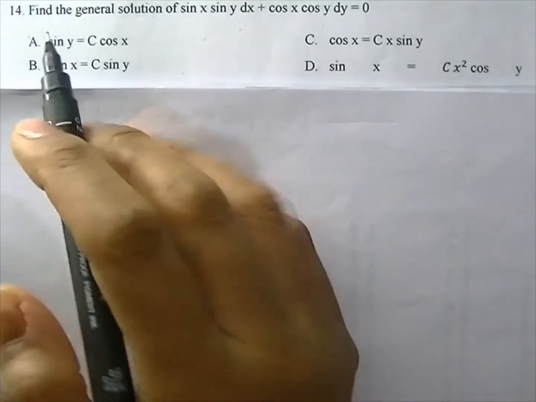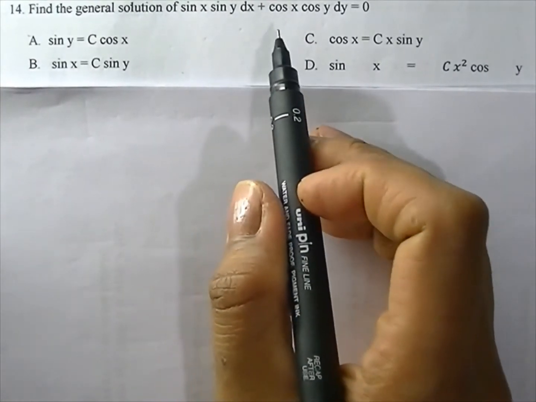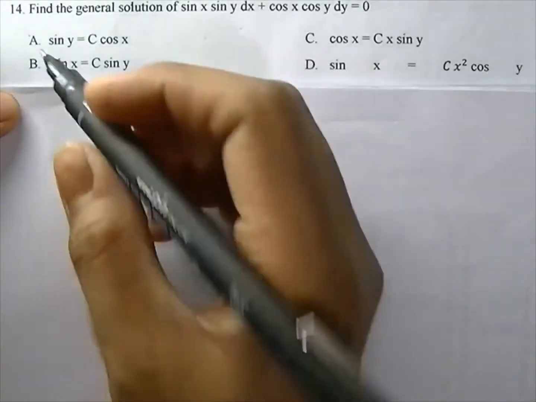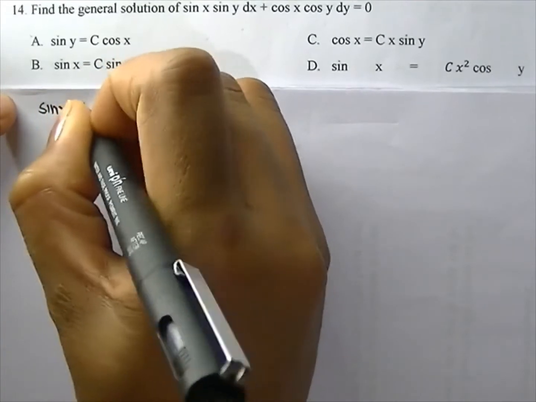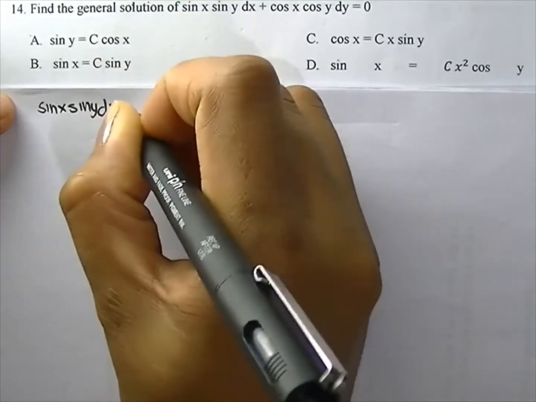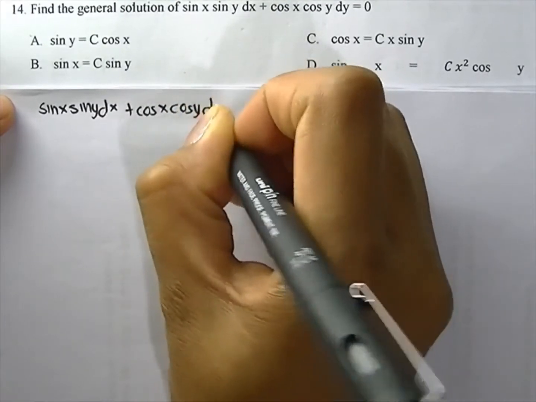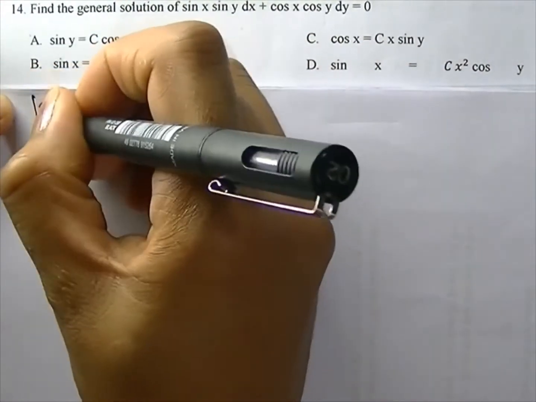Number 14. Find the general solution of sin x sin y dx plus cosine x cosine y dy equals 0. So we have sin x sin y dx plus cosine x cosine y dy equals 0. This is a variable separable differential equation.